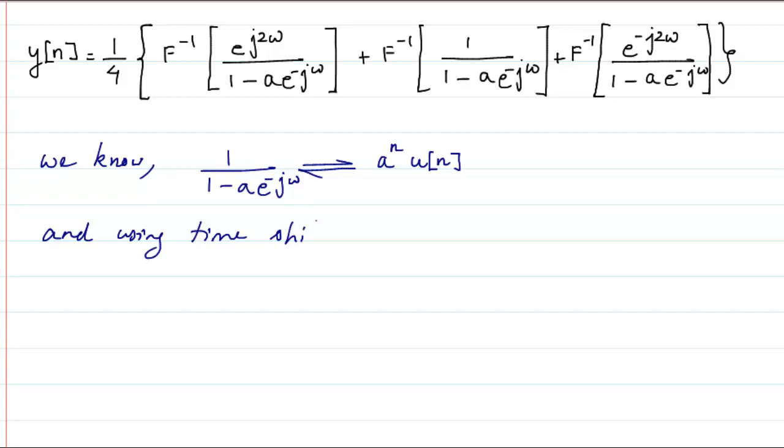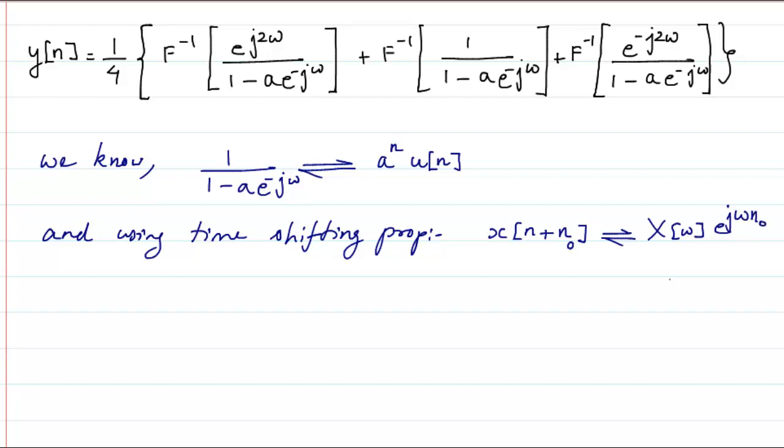What does the time shifting property say? It says that if you have a signal x of n whose Fourier transform you already know is x of omega, then for finding the Fourier transform of x of n plus n naught, all you have to do is multiply it with e raised to power j omega n naught.